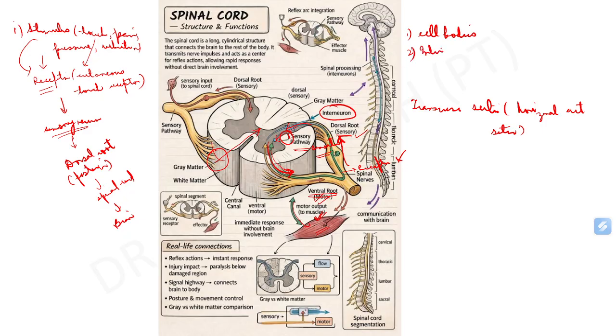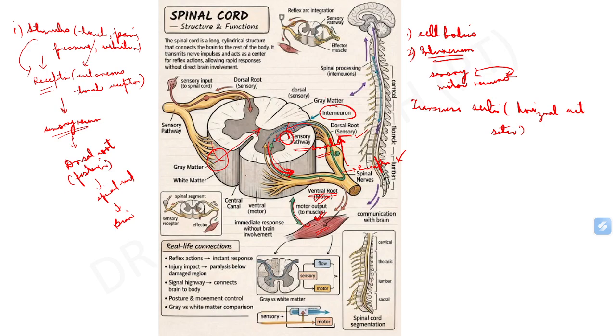It contains interneurons. What are interneurons? Interneurons are those neurons that help to establish a connection between sensory and motor neurons.